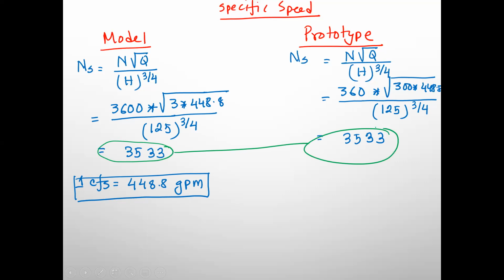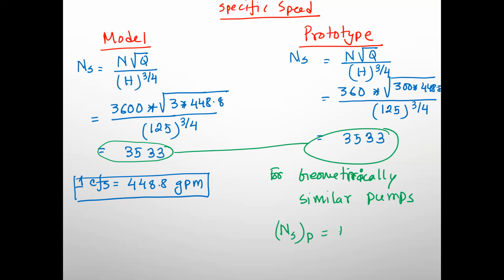That's because they are geometrically similar pumps and they should have the same specific speed. For geometrically similar pumps, NS for prototype equals NS for model.